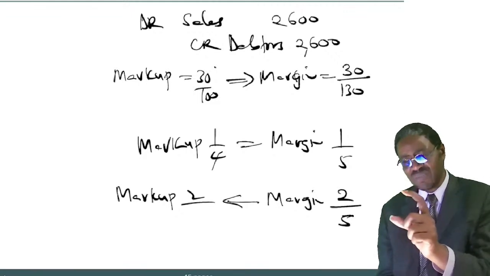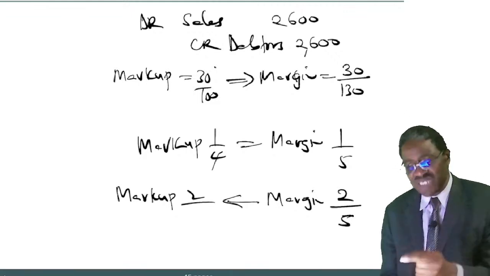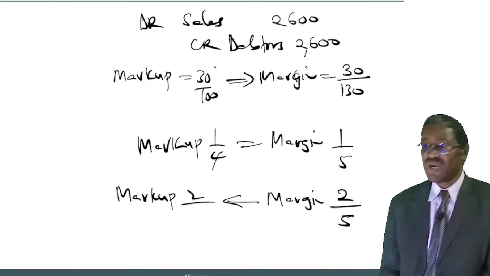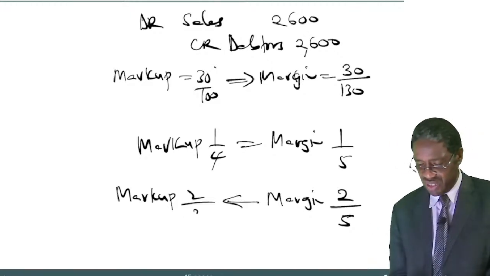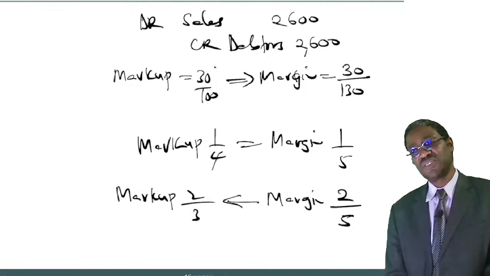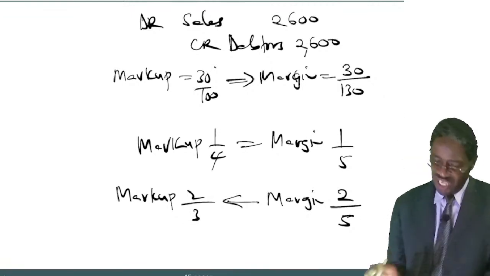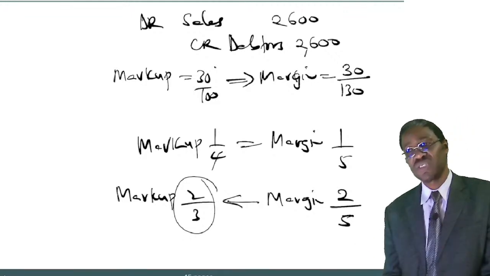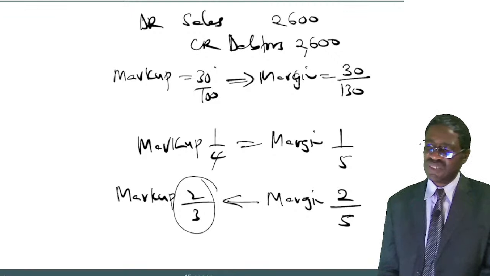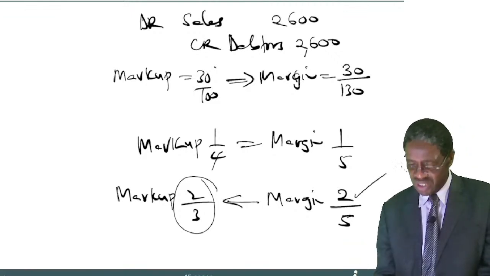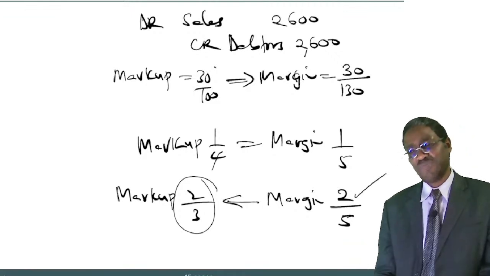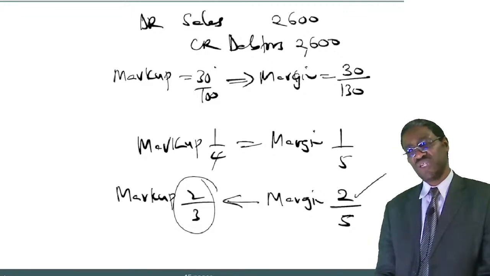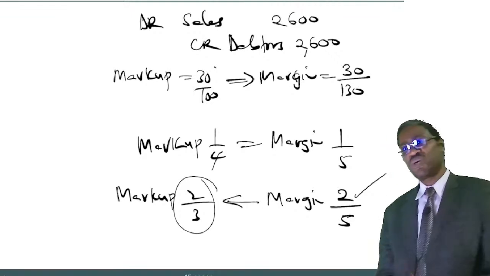Then take that same numerator and subtract it from the denominator. 2 from 5 leaves me with 3. If I was given this markup of 2/3 and I did not want the markup, I still maintain the numerator, but I take that same numerator and add it to the denominator. That will give you the margin.